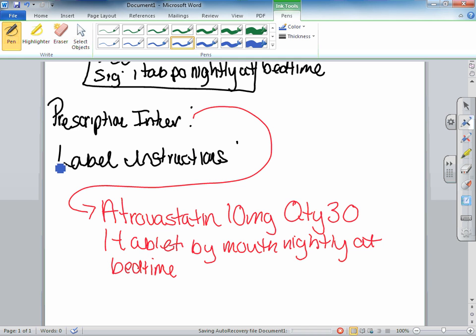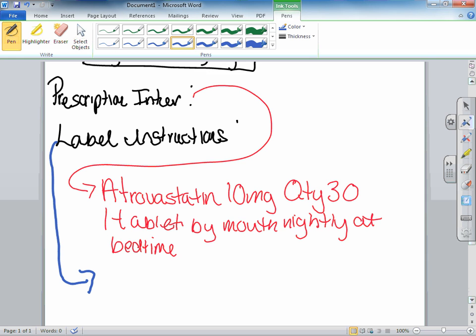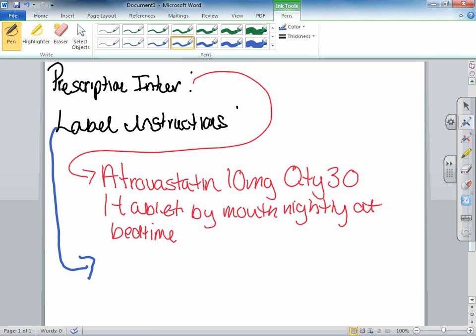All right, but the next thing is label instructions. Well, what do they mean by label instructions? I'm going to come down here to the bottom, kind of drawing arrows so you can see. Label instructions is you as the pharmacy technician translating the SIG code for the patient to read on their prescription bottle each and every day when they take that medication.